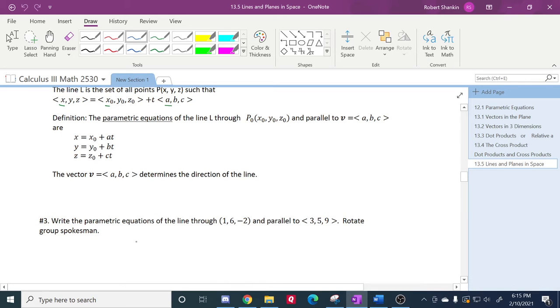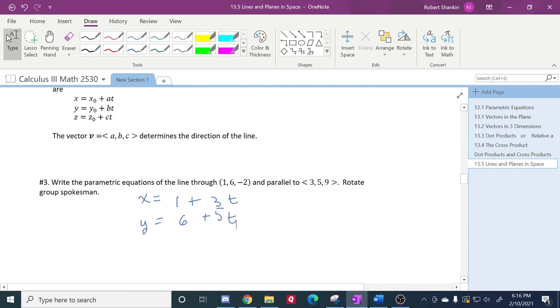Okay. So x equals 1 plus 3t, y equals 6 plus 5t, and z is minus 2 plus 9t.